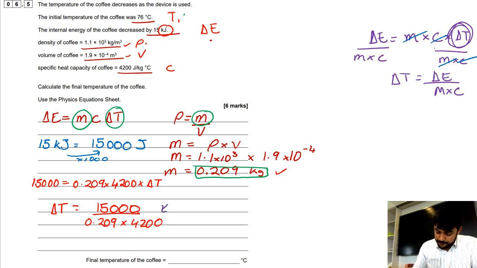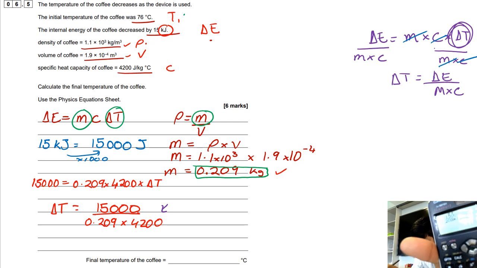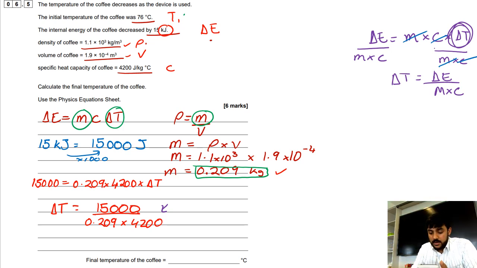So now that I've got that, I can calculate the change in temperature, which is 15,000 all divided by 0.209 times by 4,200. The calculator will accept a sum that looks like this, if you can see it. And then it turns out to be 17.0809 degrees.